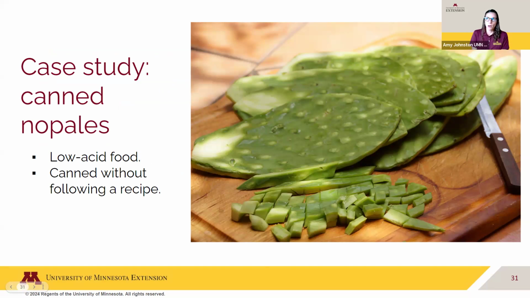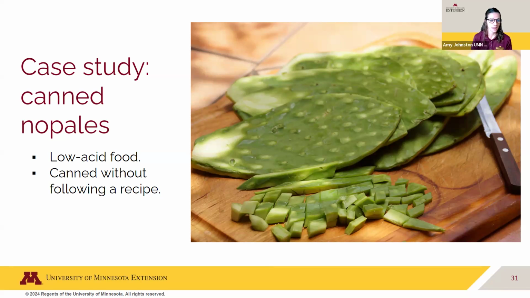And just to drive home the point of really making sure that you're using a research-based tested recipe and process with these low acid canned foods was unfortunately a recent example this year out in Fresno, California. An individual had home canned nopales, so part of the cactus, and they did not follow a recipe.